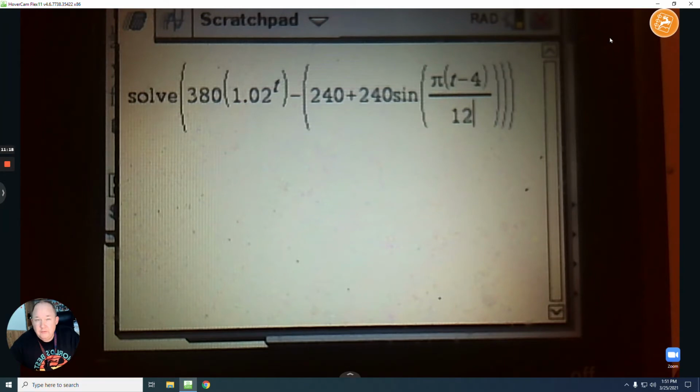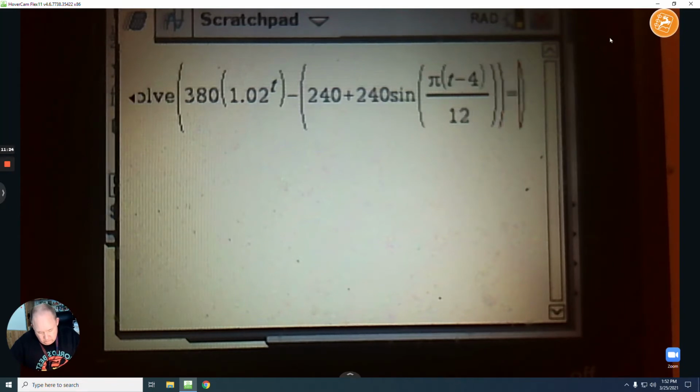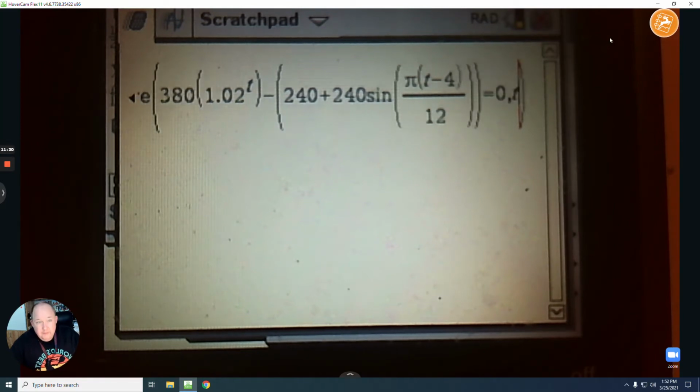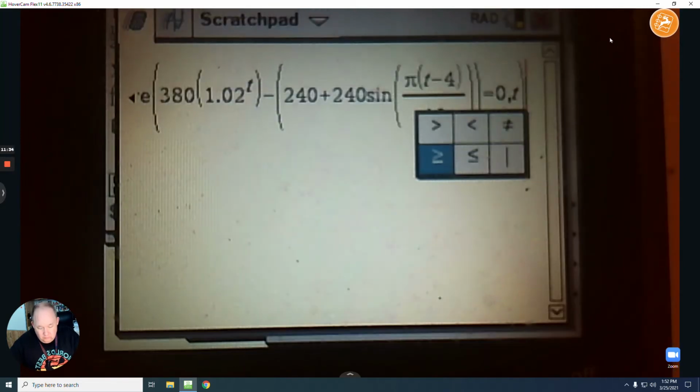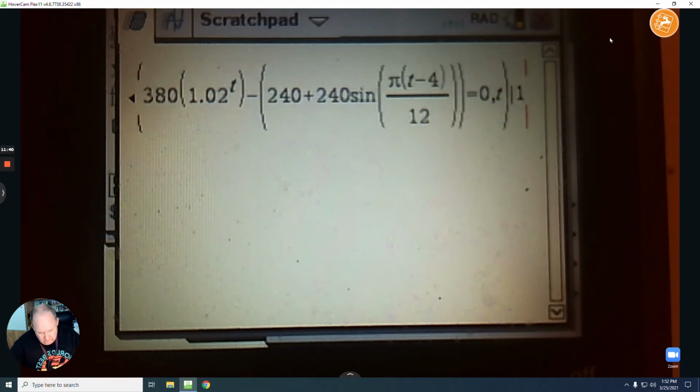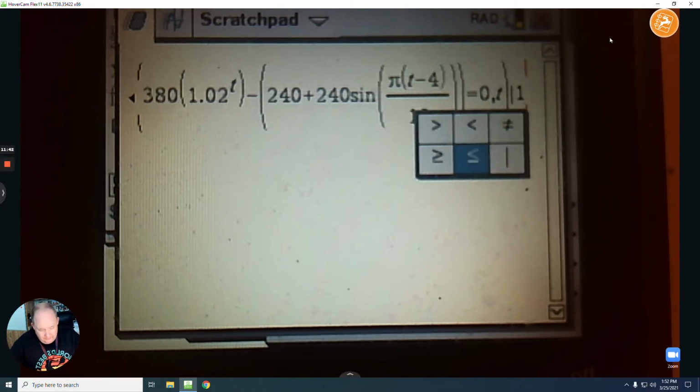All right, so there's the equation. I want that equal to 0, and then comma t, and then I need a restriction, so I'm going to go control equals, and then go to the vertical line, and then it goes from 1 to 11.